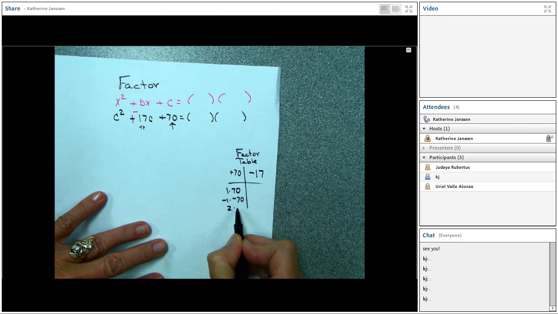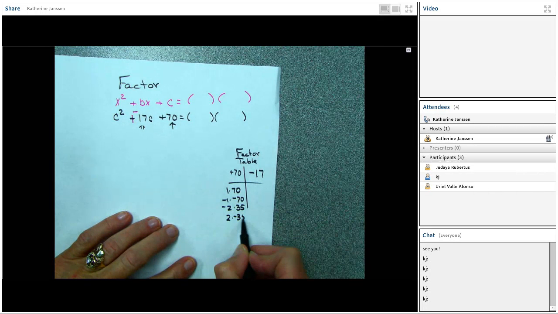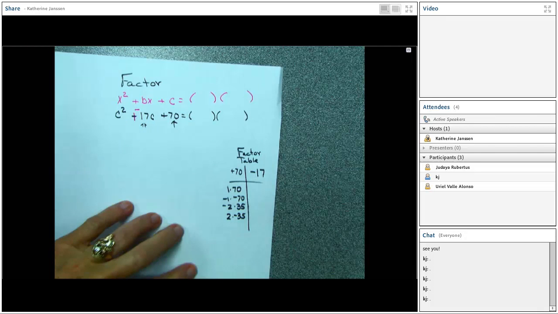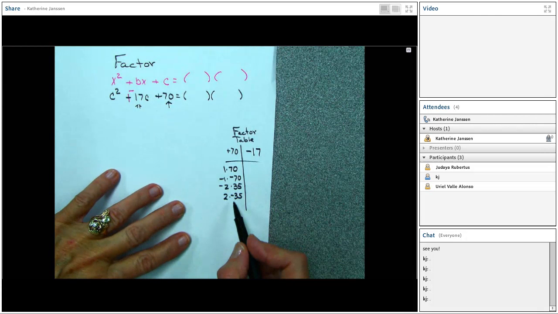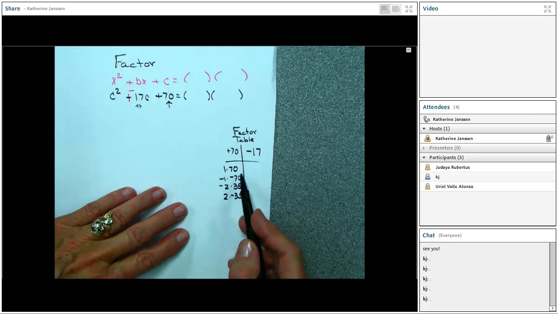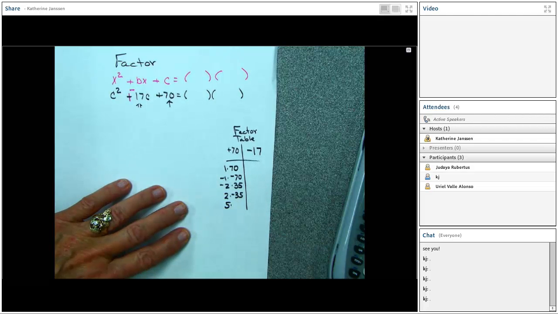2 times 35. Positive 2 times a negative 35. Three, 4, 5. 5 times what is 70? 14.